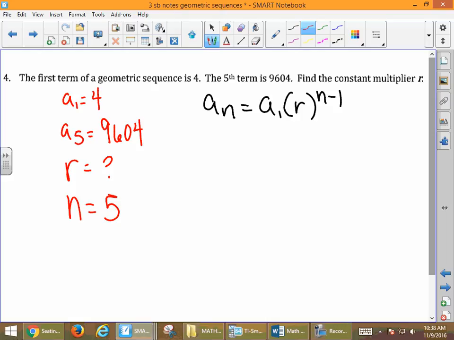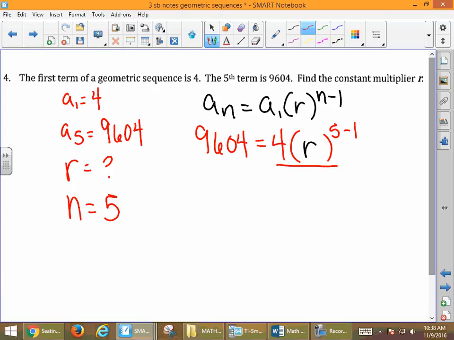So we fill these values back into our equation here, and we end up with 9,604 equals 4 times r to the 5 minus 1. We don't know what r is, but we've got 5 terms. And what we need to do is solve this equation.